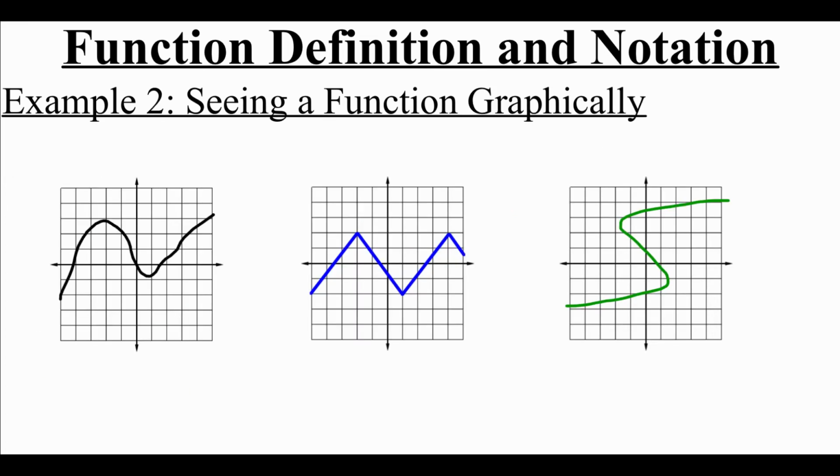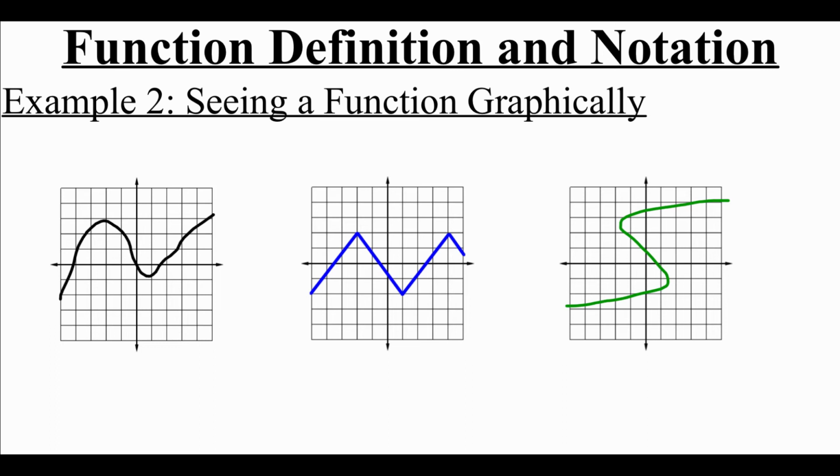Now we can also look at functions graphically. So there are 3 graphs drawn out on some grids for us. One of these graphs does not represent a function, and we want to figure out which one and how we can test for it. The big thing we said that we were looking for was to make sure that each x value was matched up with just one specific y value.